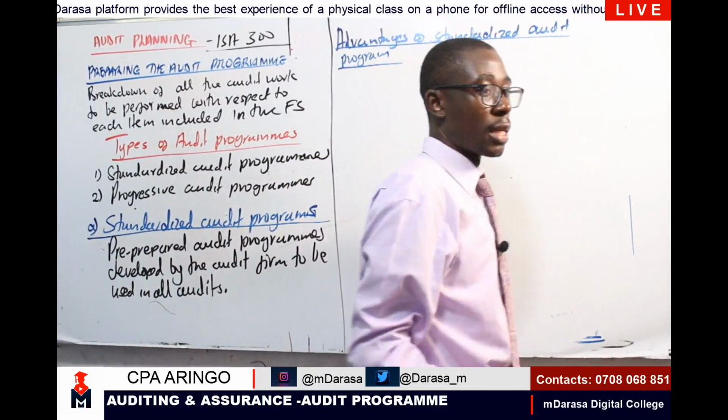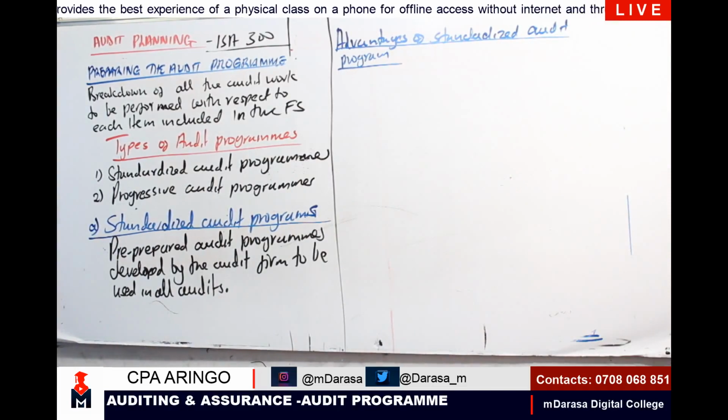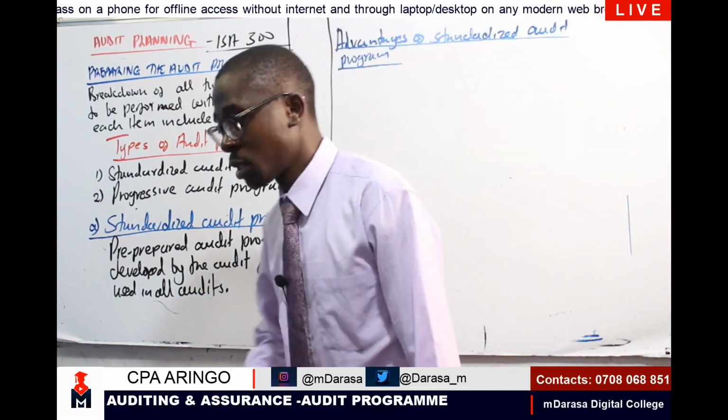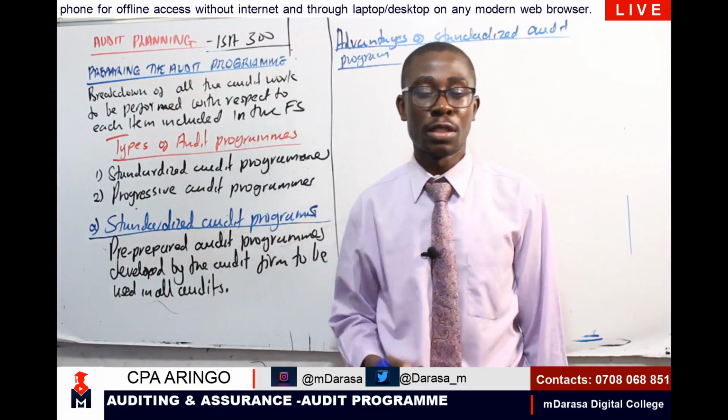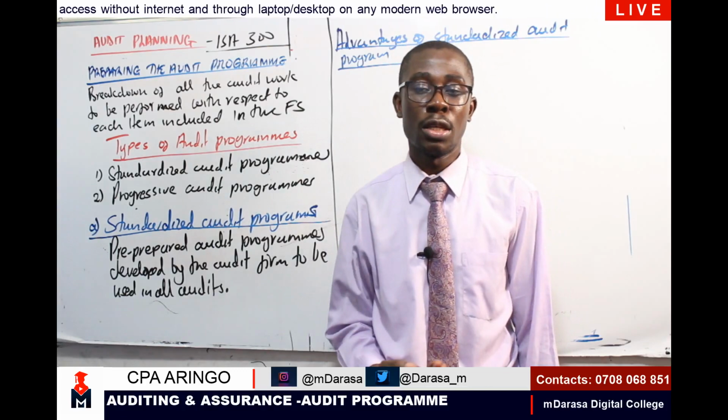So now we understand that basically we're talking of pre-prepared audit programs. Now, what are these advantages? First of all, you'll find that they are going to save on time and cost, because I won't be wasting a lot of time again preparing a new sheet, or rather a new program. I'm going to use that one program that I had prepared earlier on in so many audits.